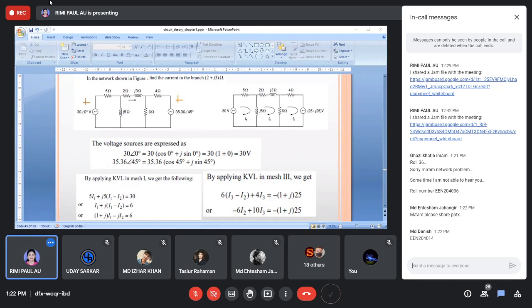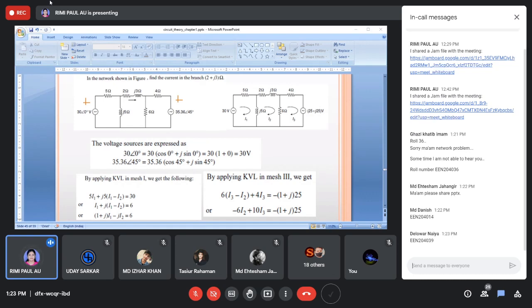Next week, try to answer through the chat box if you are not able to unmute your audio. Don't write your roll number. CR, please inform them.